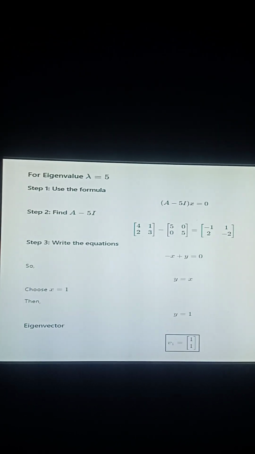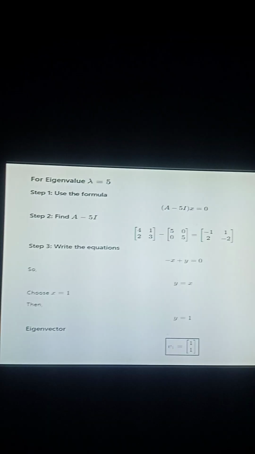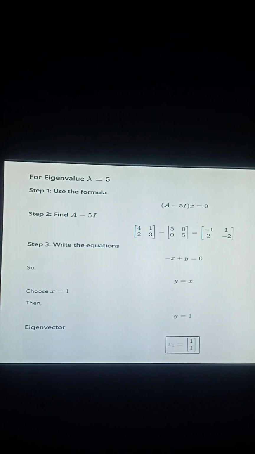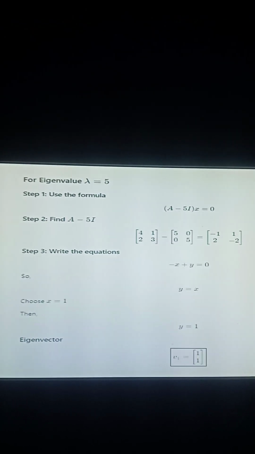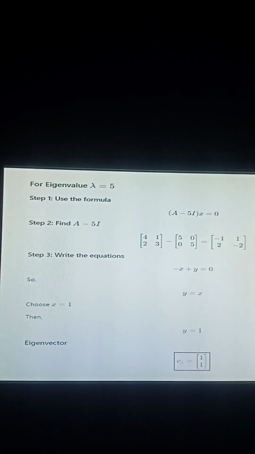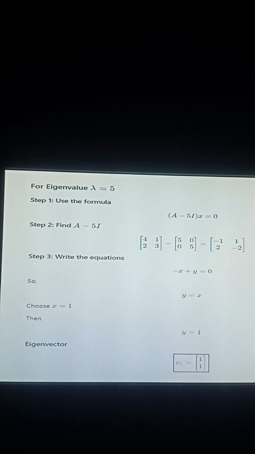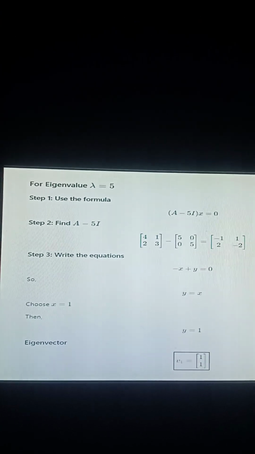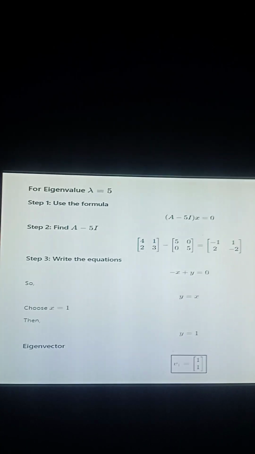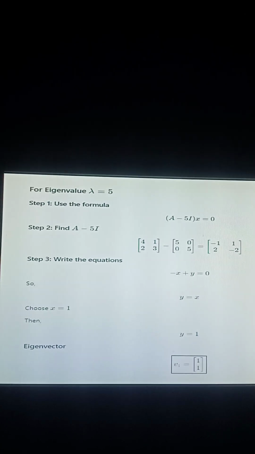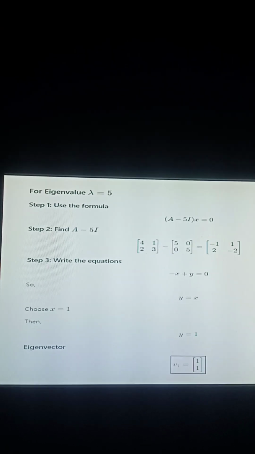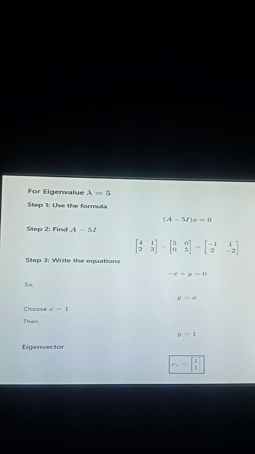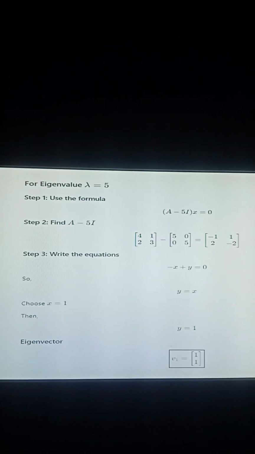A minus 5I into x is equal to A as it is, 4 1 2 3, minus 5I, which is 5 0 0 5. If you subtract, you get minus 1 1 2 minus 2. The first row gives the equation minus x plus y is equal to 0. You can take x as 1, and if you substitute 1 in the place of x, you get y is equal to 1. So x is 1, y is 1.